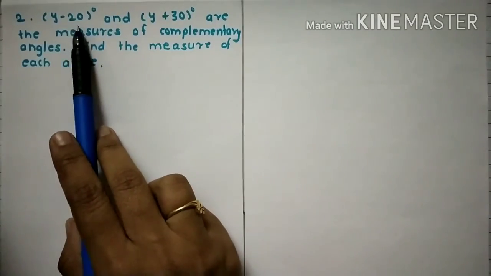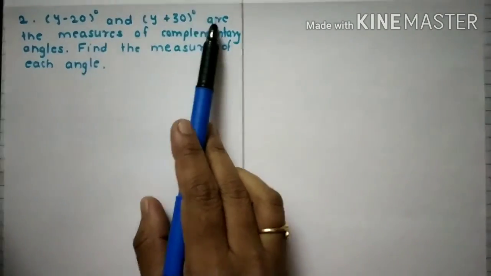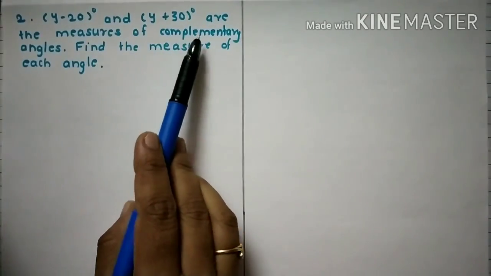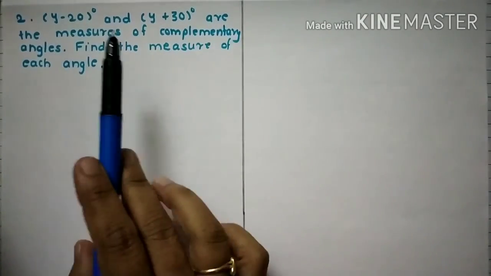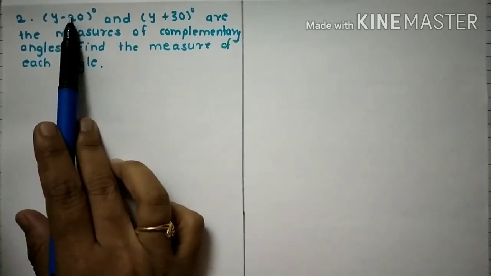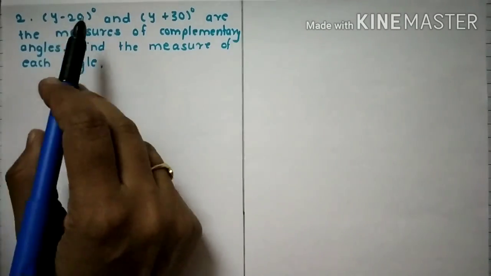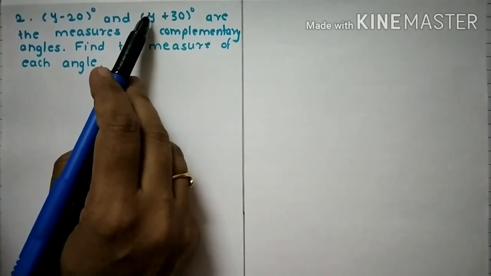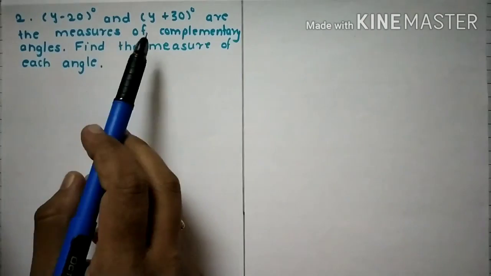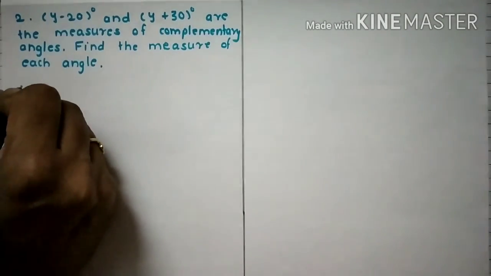Second question: y minus 20 degrees and y plus 30 degrees are the measures of complementary angles. Find the measure of each angle. Here two angles are given and these two angles are complementary angles and we have to find the measure of each angle. So let's see the solution.